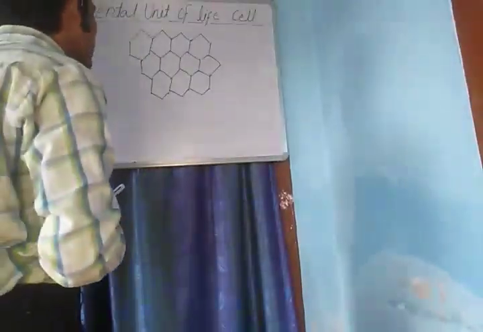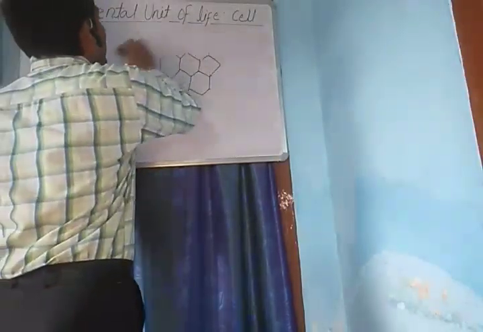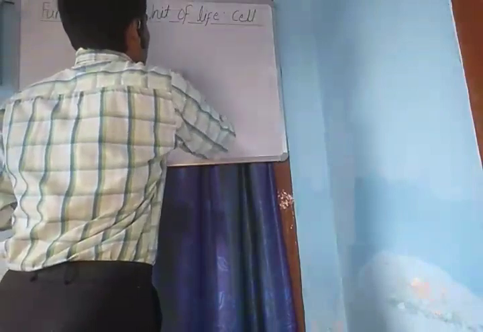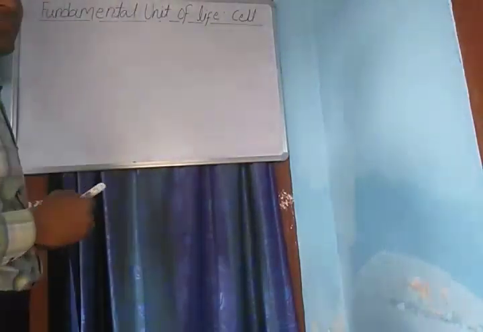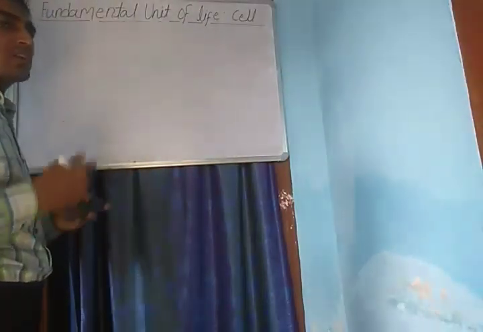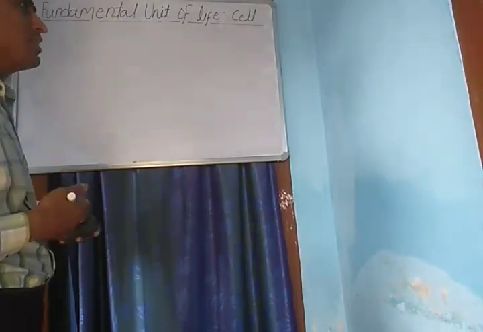Then after, the study of cell started. After Robert Hooke, in 1674, Anton van Leeuwenhoek studied living cells in protozoa and some others.